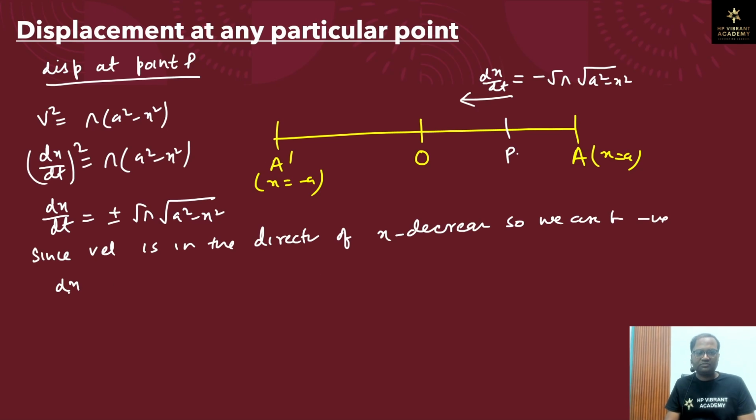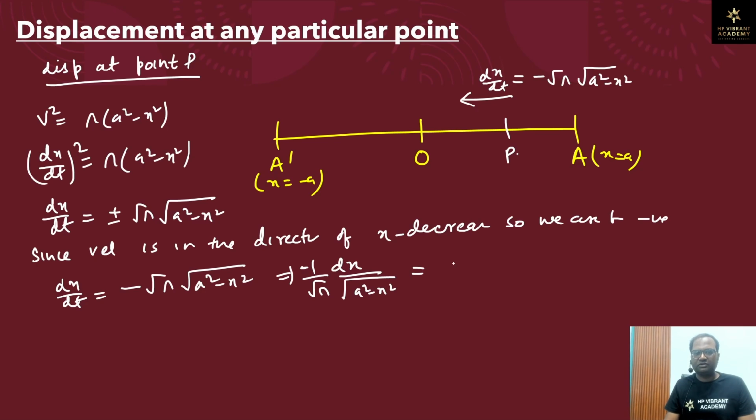So dx/dt is equal to minus root mu root under a square minus x square. From here we have minus 1 upon root mu, dx upon root under a square minus x square, is equal to dt.